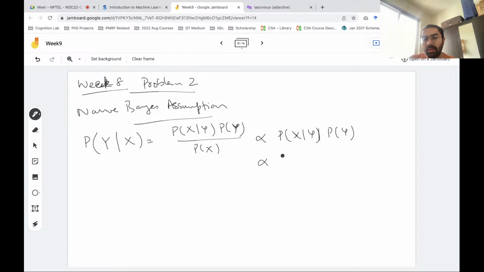This will turn out to be the probability of x1 given y, x2 given y, and so on, probability of xn given y, into probability of y, right?